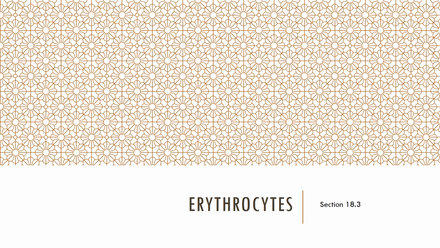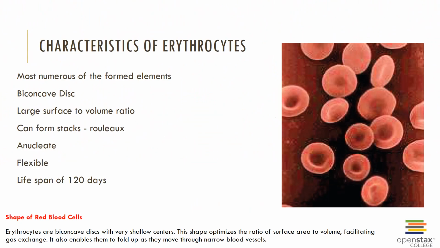Now let's examine erythrocytes in a little bit more detail. Here we can see some of the characteristics of our red blood cells. Red blood cells are biconcave discs which lack a nucleus. Red blood cells are small. They range in size from 7 to 8 micrometers.